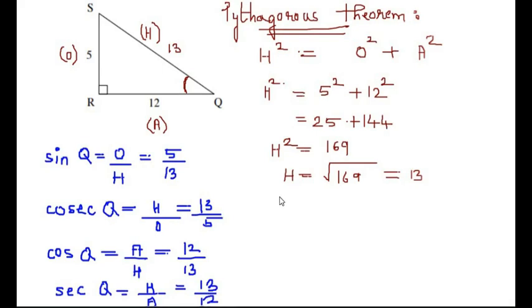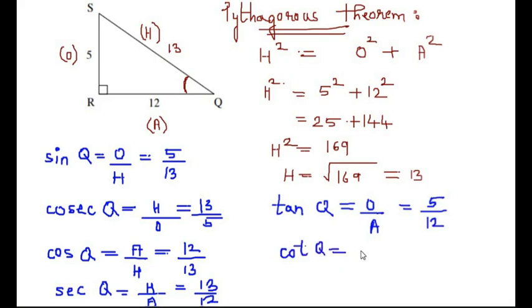Then comes the last one, tan Q, which is opposite over adjacent. Opposite is 5 and adjacent is 12, and its reciprocal is cot Q. So cot Q is written as adjacent over opposite, which is 12 over 5.